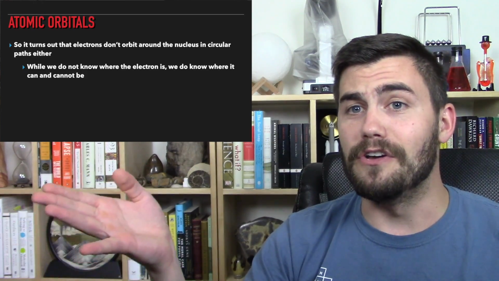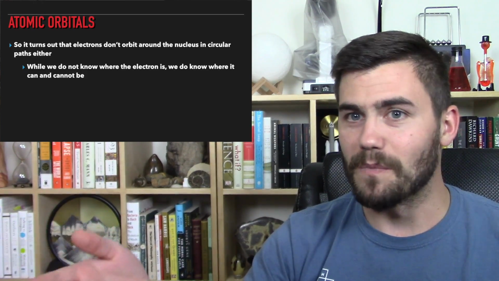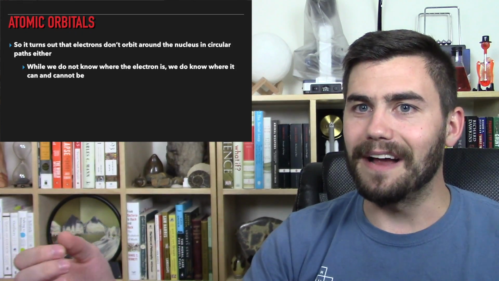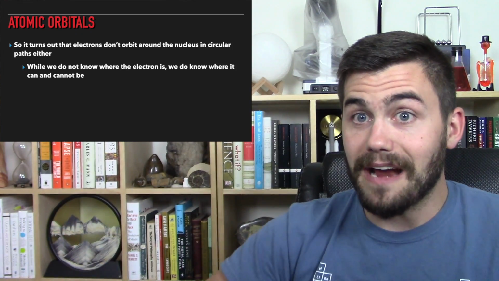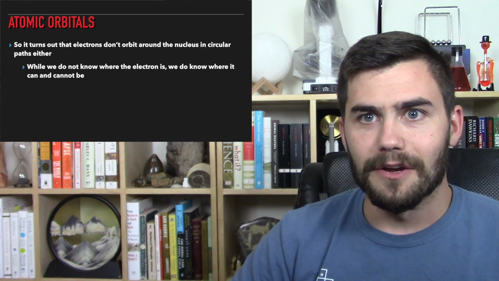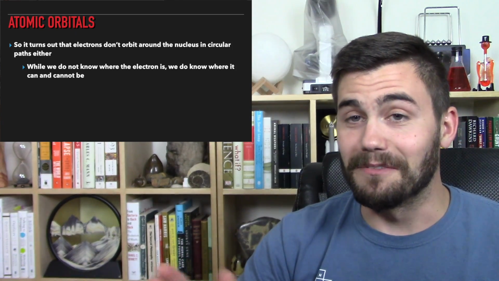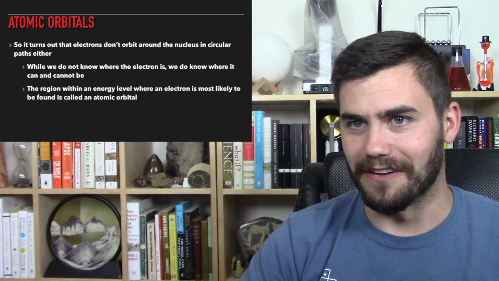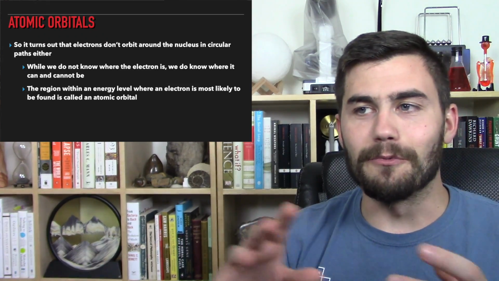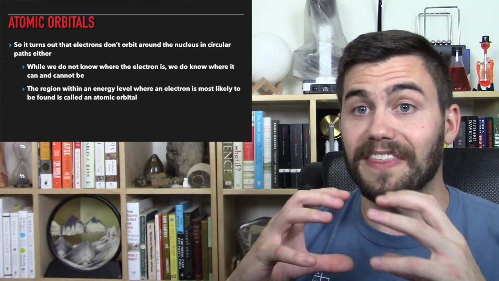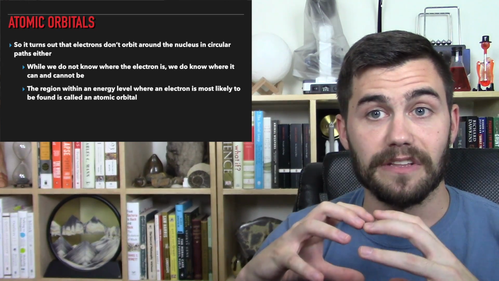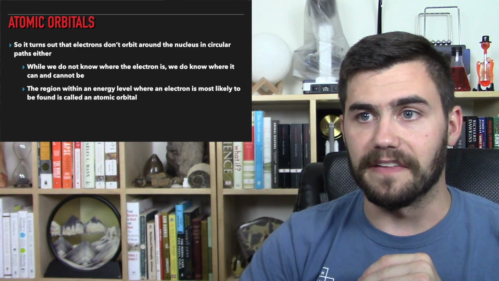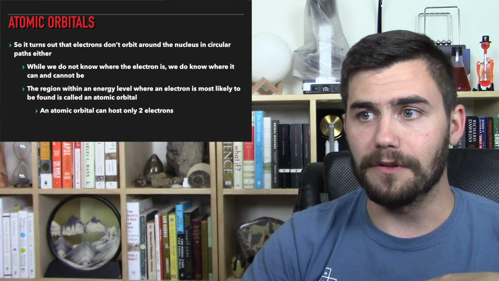I know that there are no emperor penguins in Australia, unless they're in a zoo. In the wild, they only live in Antarctica, but I don't know exactly where they are. Now, theoretically speaking, I could go there and see them, and with electrons, it doesn't work that way. But whatever. The region within the energy level where you're going to find those electrons, that's called an atomic orbital.